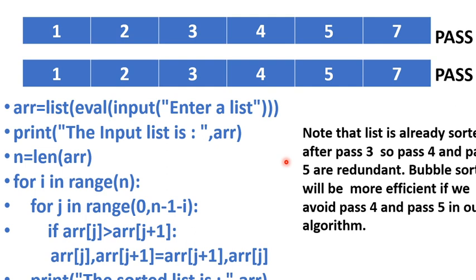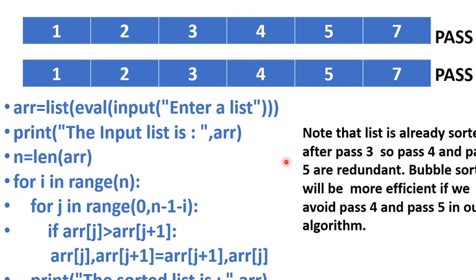Now in the first case, in the for loop, the first for loop will run from 0 to 6. Okay, and the second for loop will move from 0 to n minus 1 minus i, means n means 6, minus 1 is 5, 5 minus i means 0.